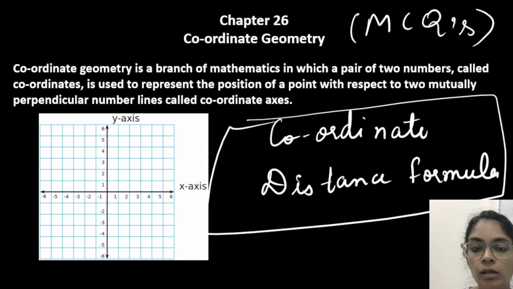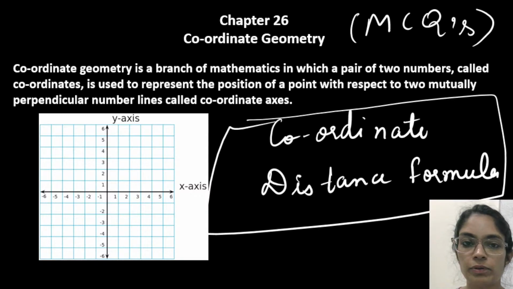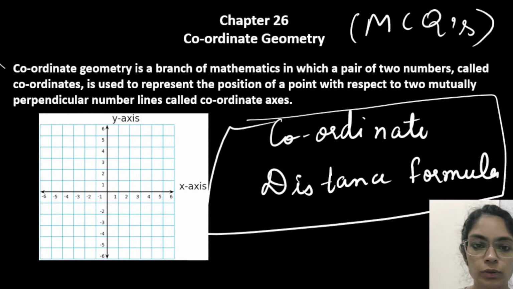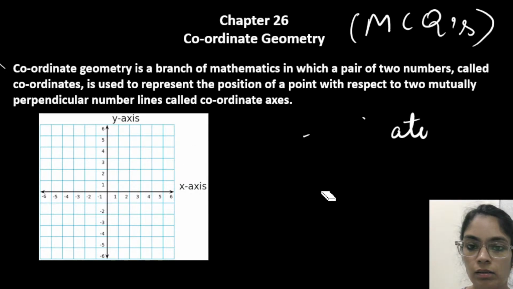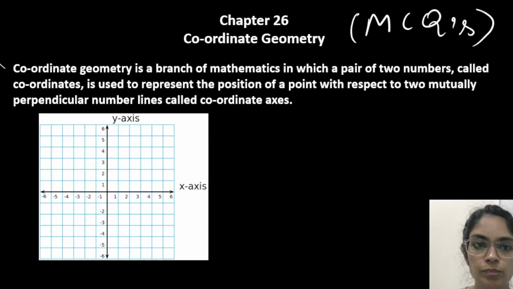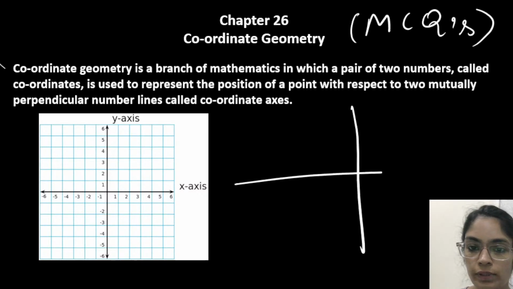Okay, so I'll give you a little bit of introduction about coordinate geometry. You are already aware of this because we have done classes here itself. If you haven't gone through those classes, you can go through them. In coordinate geometry, the important thing is you should know about the Cartesian plane. Here you can see the x-axis and y-axis. This is known as the Cartesian plane.